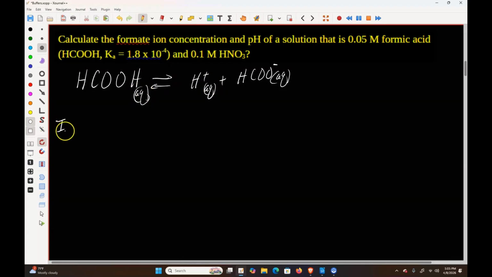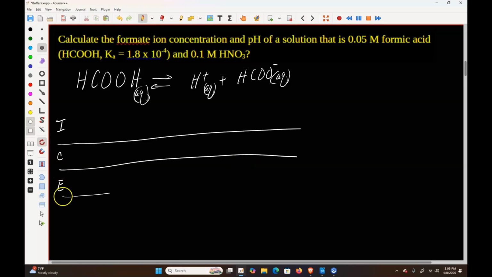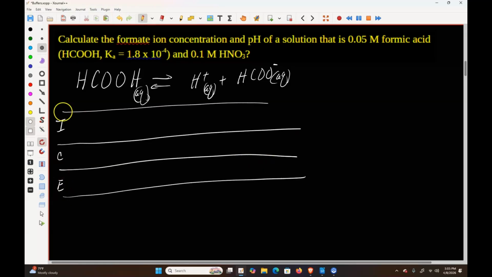Again, we're going to do an ice table. I know the Ka here is 1.8 times 10 to the negative 4. The common ion this time is going to be the H.